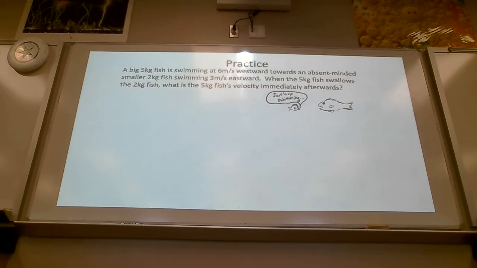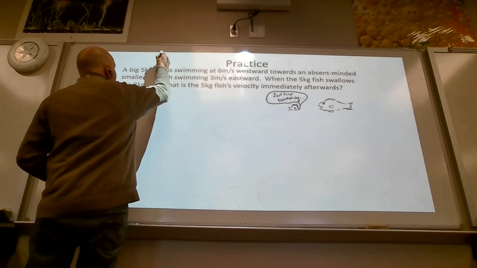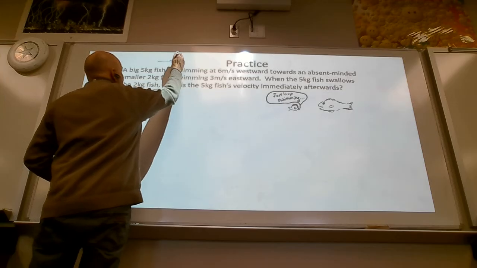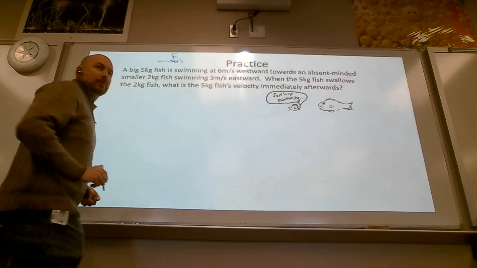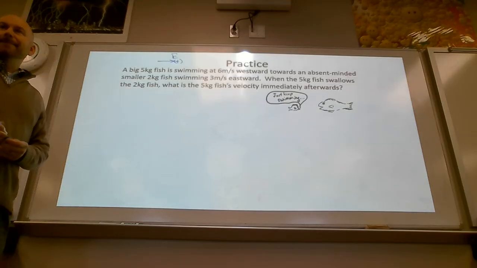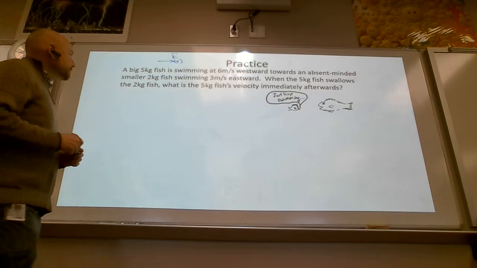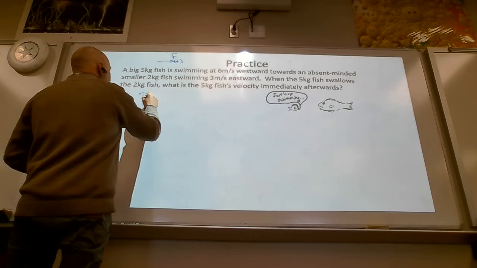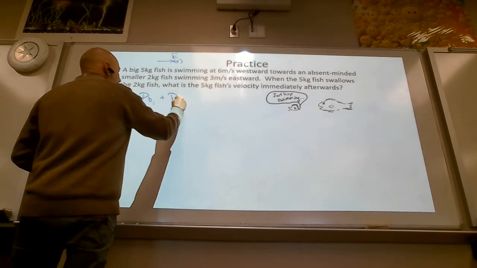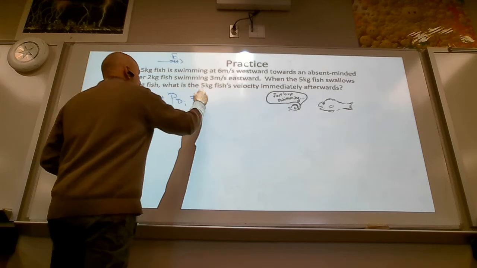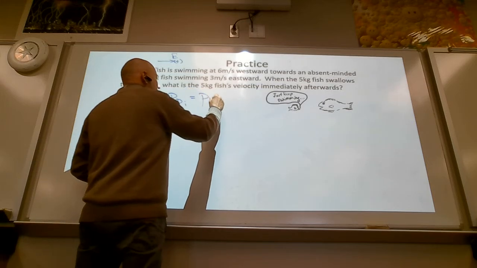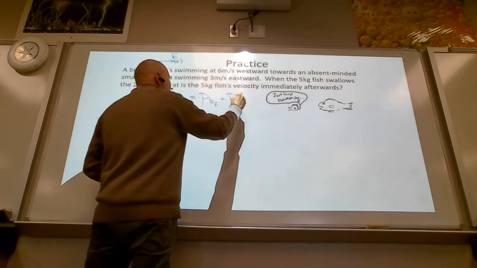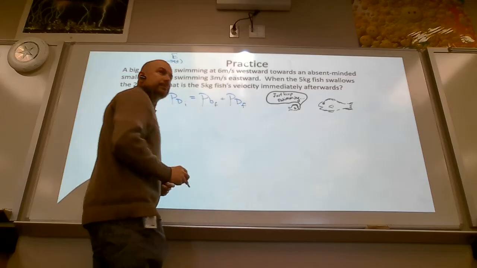So the momentum of the big fish initial plus the momentum of Dory initial is equal to the momentum of big fish final plus the momentum of Dory final.